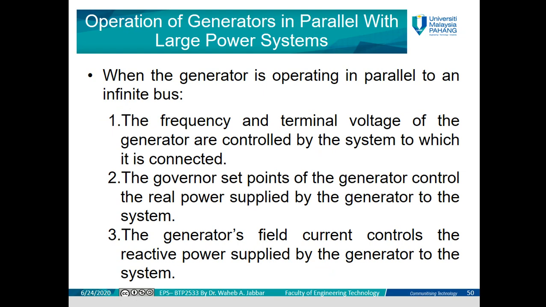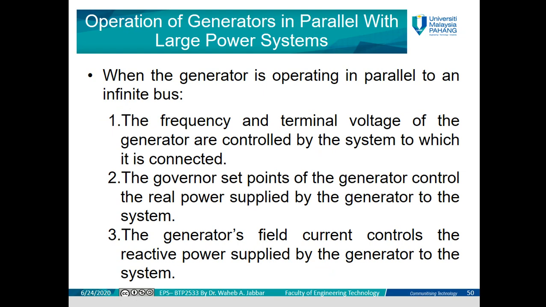For example, if the frequency of this generator is 50 hertz and I connect it to a grid with a frequency of 49.9, the frequency of the newly connected generator will be 49.9, the same as the grid. Usually when we add a generator to the grid, its frequency and voltage are controlled by the grid itself.